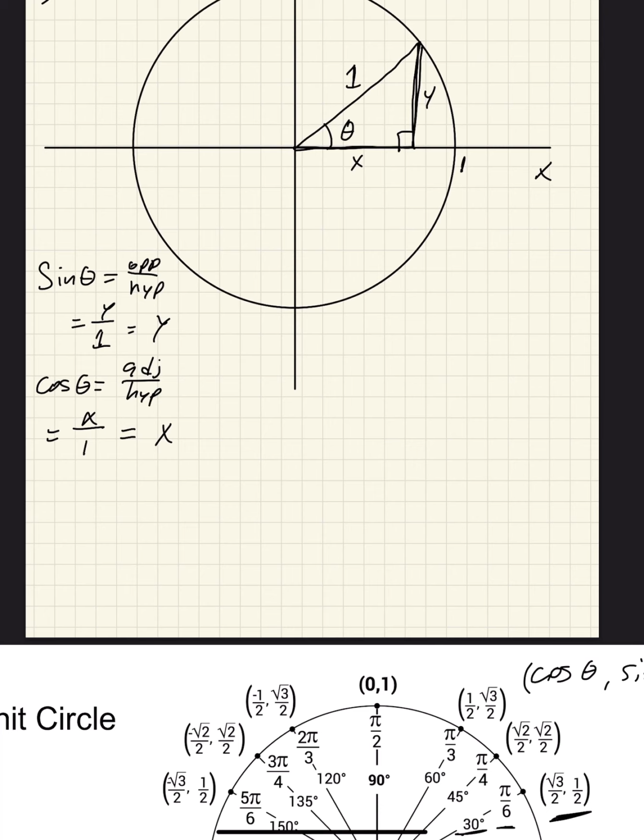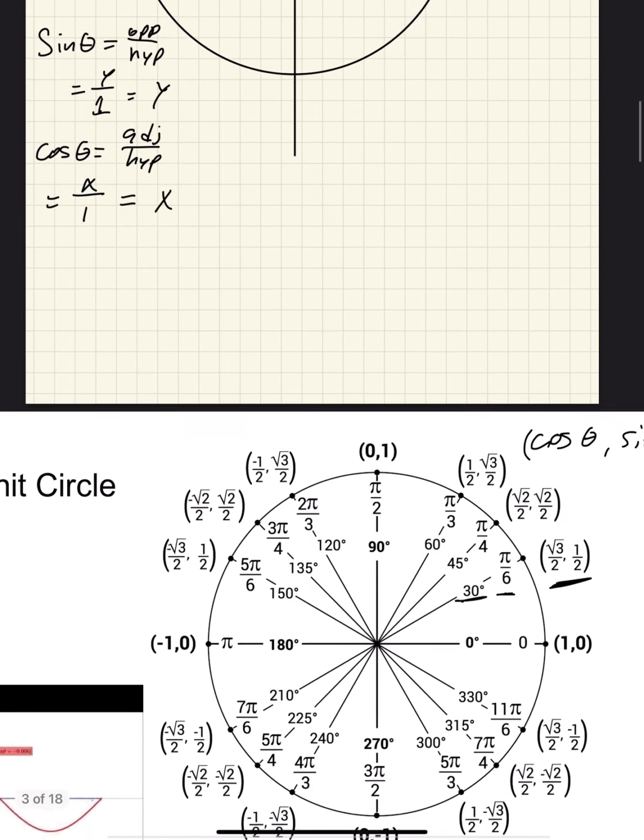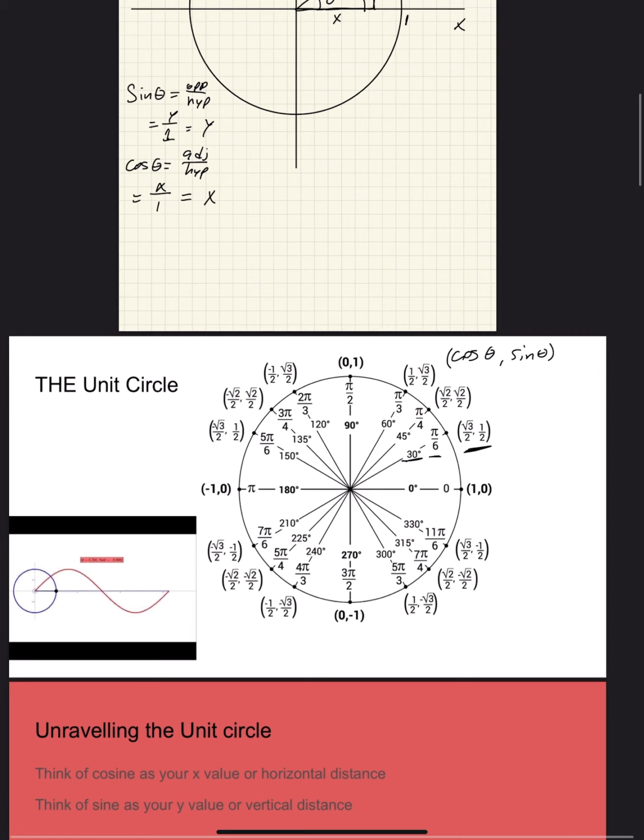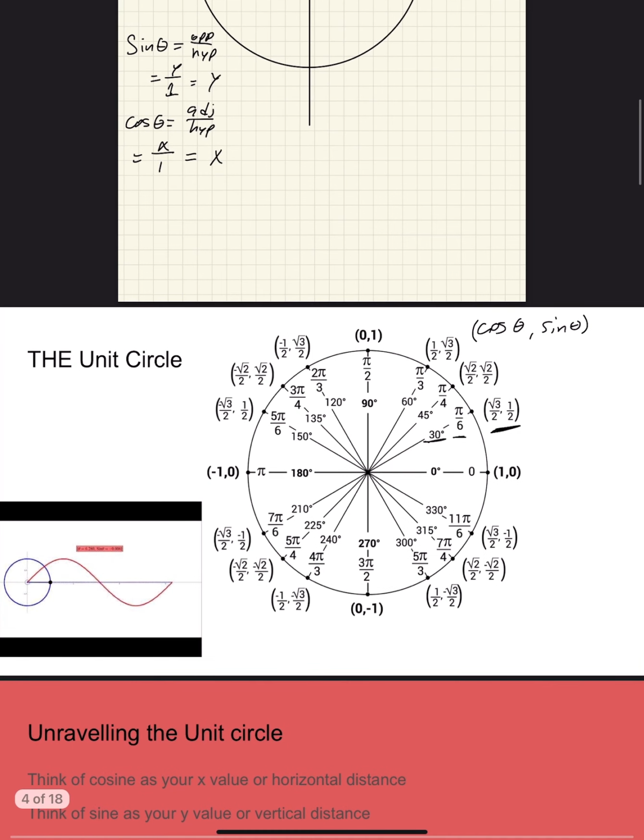Now, this circle and all of the right triangles within it are very special. These two realizations about the value of sine and cosine in the context of a unit circle actually unlock a myriad of possibilities within the two functions. But today we'll just be talking about how they relate to the unit circle. So this is the unit circle.